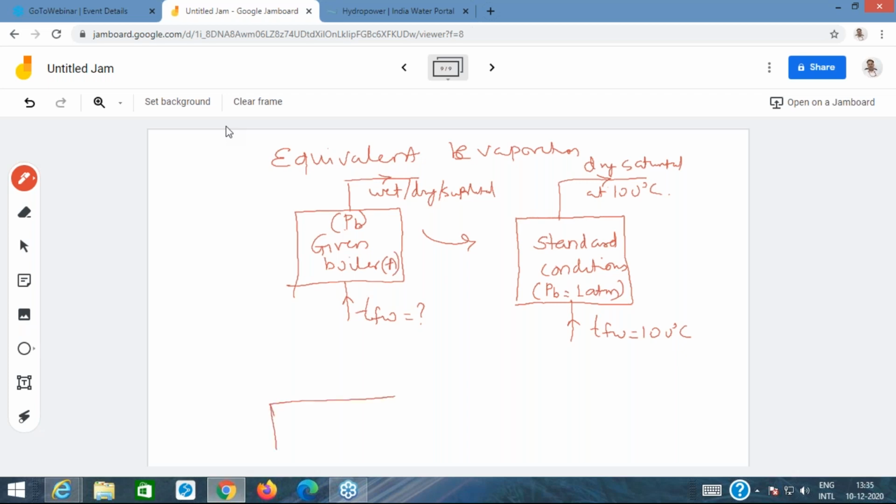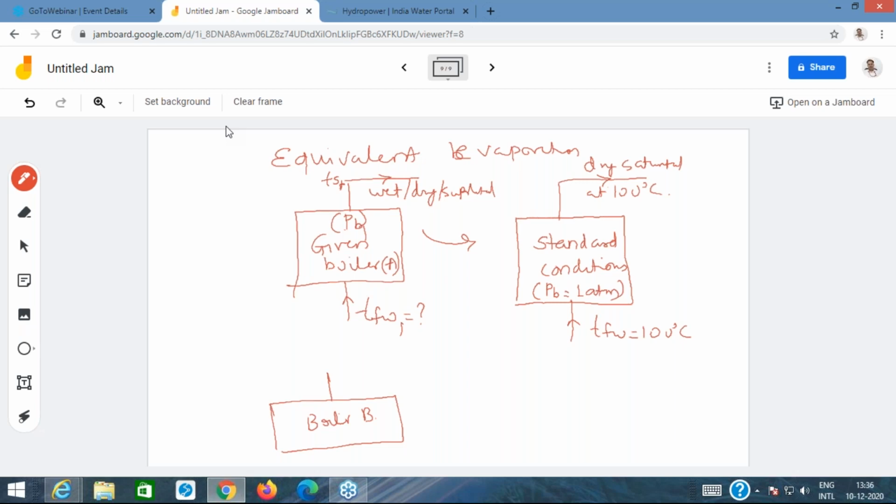Now, this is, let us say, given boiler A. And there is another given boiler B. For boiler A, the feed water temperature is TF1, the boiler pressure is PB, and the steam temperature is TS.